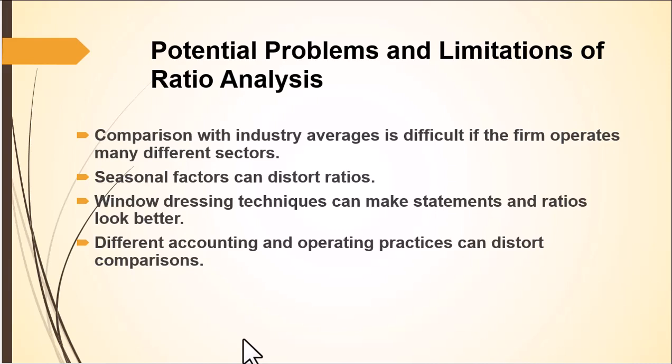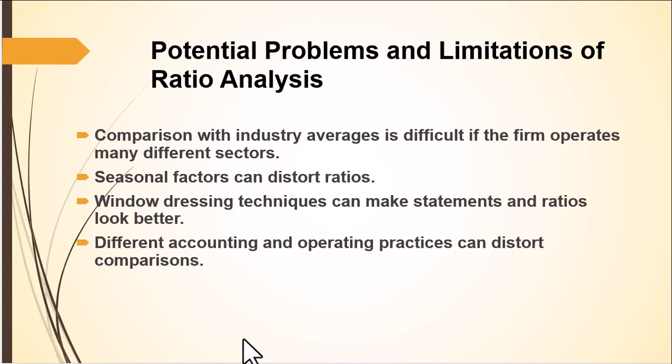So it's pretty difficult to pull out a company and say, well, I want to analyze the brewing company, because there is no true brewing company really all by itself, at least not the big players. Seasonal factors certainly can affect ratios. This is why we don't look at quarterly data. We look at annual data.